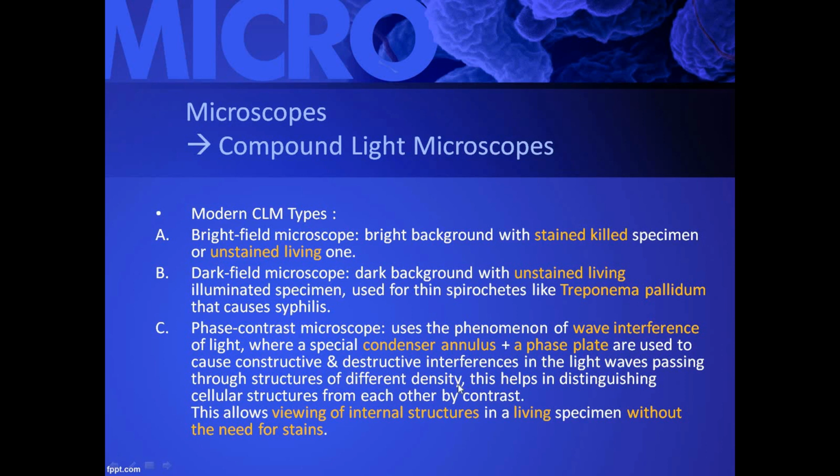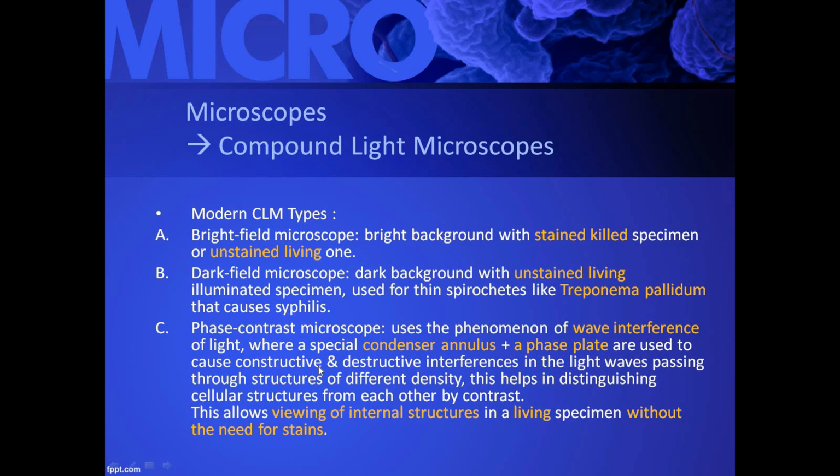So structures in specimens that are different in density will have different refraction of light, and the phase plate magnifies that effect to cause constructive and destructive interferences.